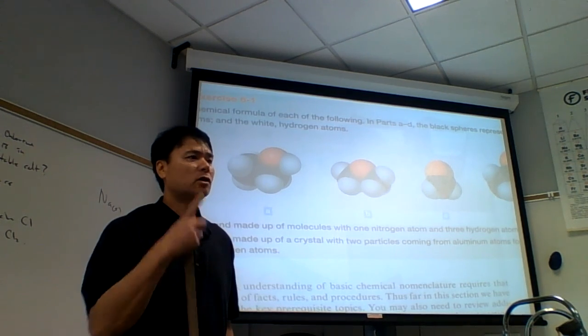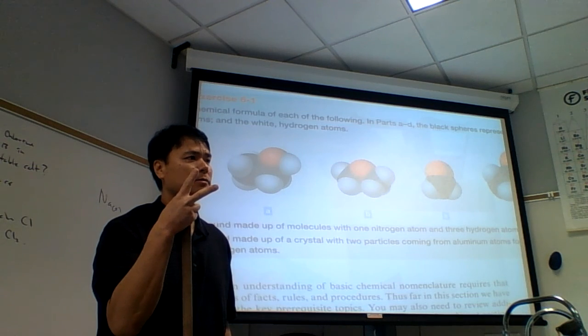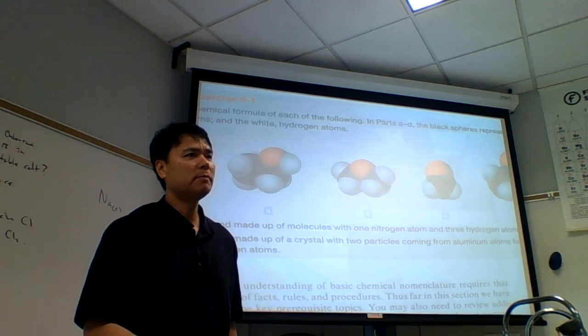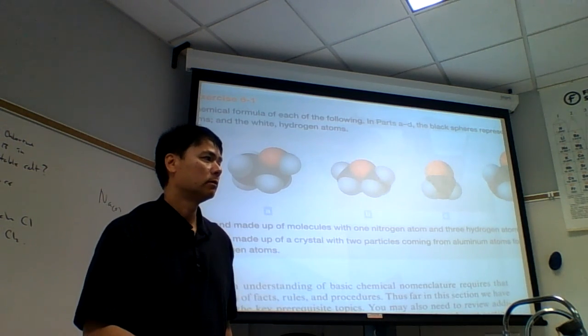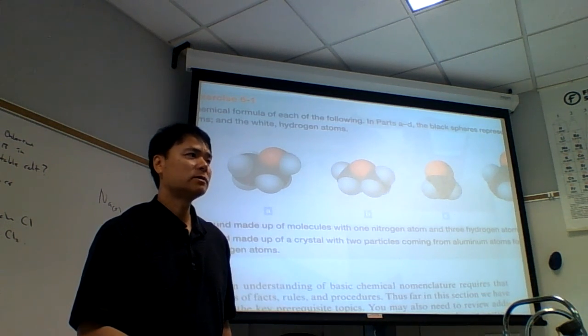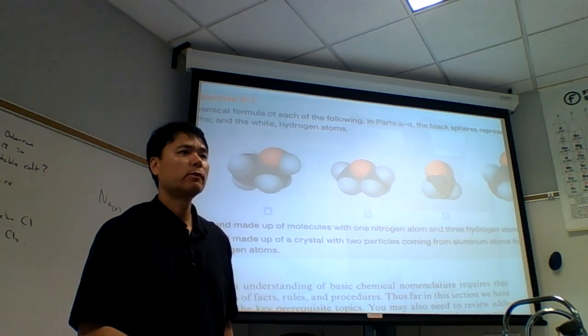Ethanol. Meth, you know what meth refers to? Meth refers to 1 carbon atom. If you have eth, that refers to 2 carbon atoms. So the difference between methanol and ethanol is that methanol has 1 carbon, ethanol has 2 carbons. If we have 3 carbons, do you know what we call it? We call it prop. And so we have propanol.